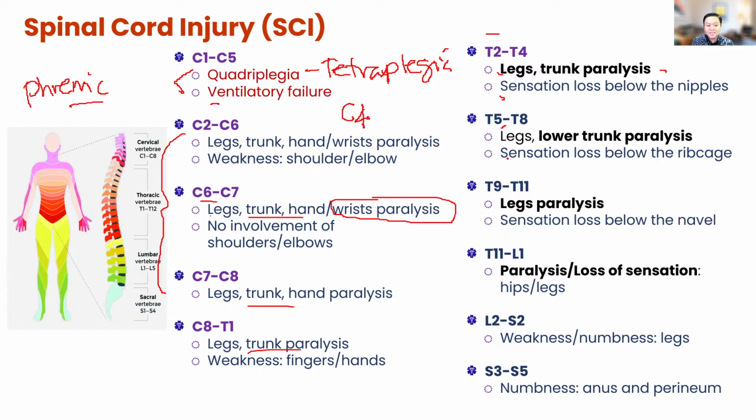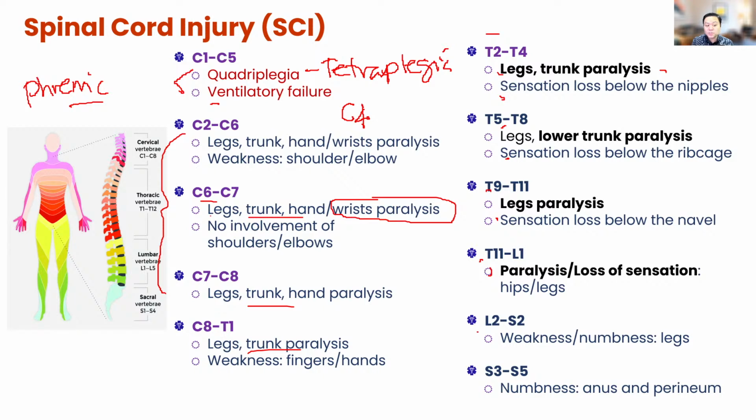Now, for T9 to T11, there's also paralysis of the lower extremities. It's always going to be there. But the sensation here will be lost below the navel, or the umbilical area. Now, for T11 or lumbar 1, again, there's going to be paralysis and loss of sensation in the lower extremities, especially the hips and legs.